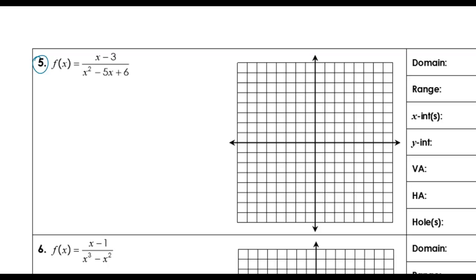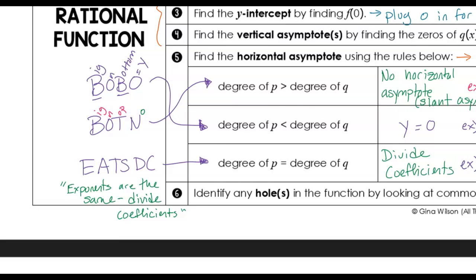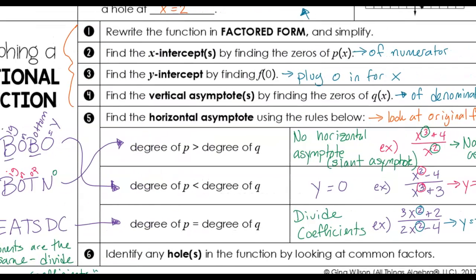No exponent, meaning I won't have to what? Look at our first step. What do I not have to do in number one?